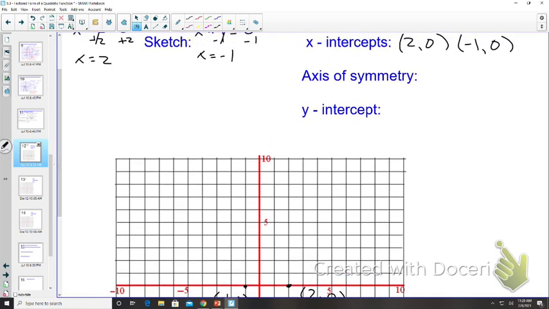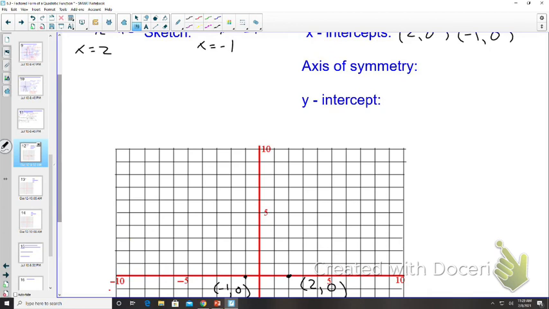You just take 2 plus negative 1 divided by 2. Perfect. So we're going to take the average between our x-intercepts. So x is equal to 2 plus negative 1 divided by 2. So it'd be 1 over 2. So half. Somewhere around there, which is good.